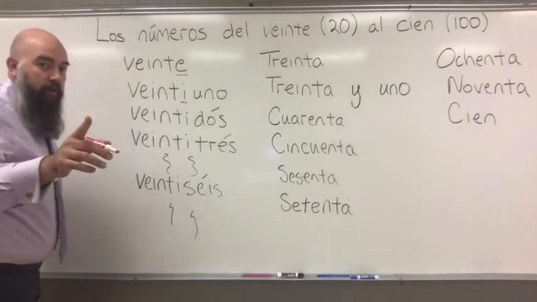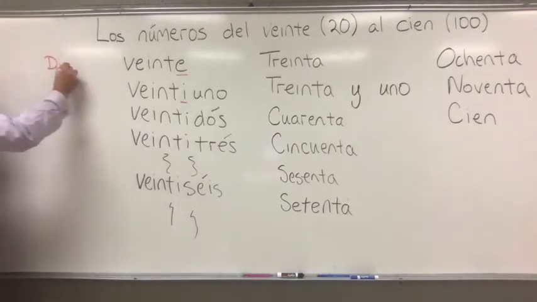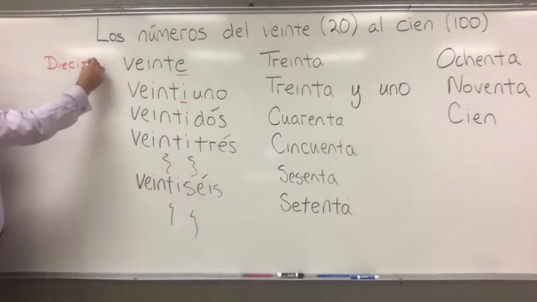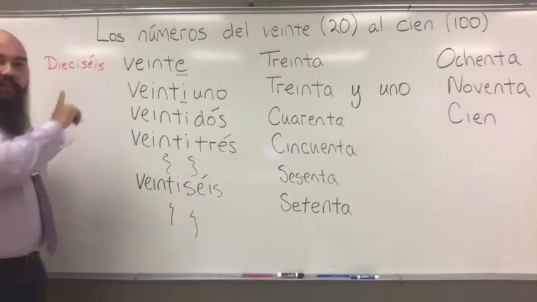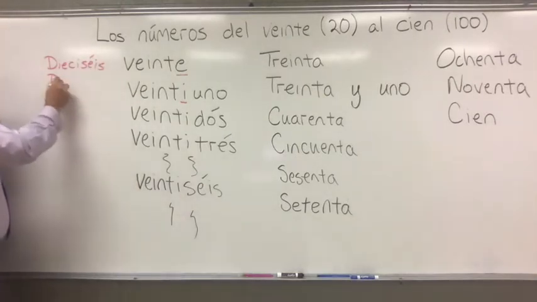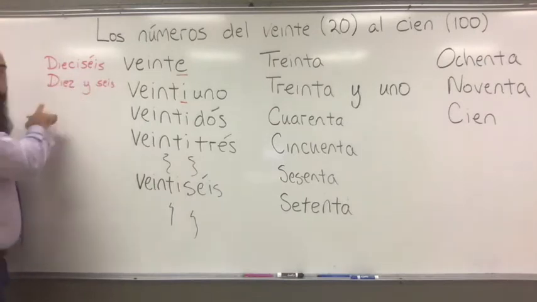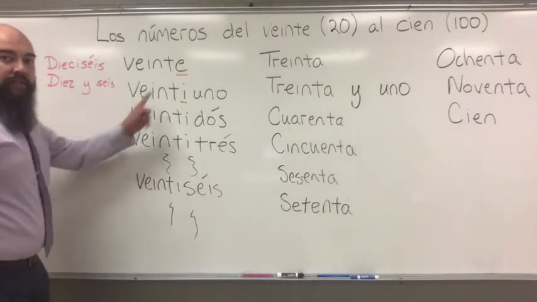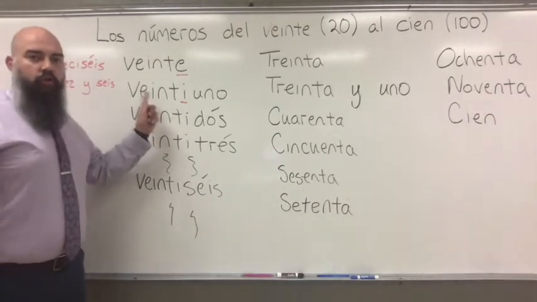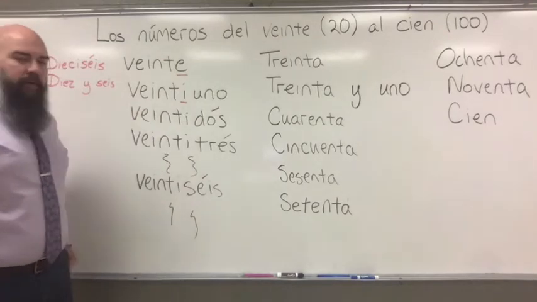If you remember with our teens, dieciséis, do you remember that? Dieciséis. Remember that was diez, y, seis, 10 and 6. Well, the same thing is going on here. 20 and 1. Okay? The same thing's happening here.